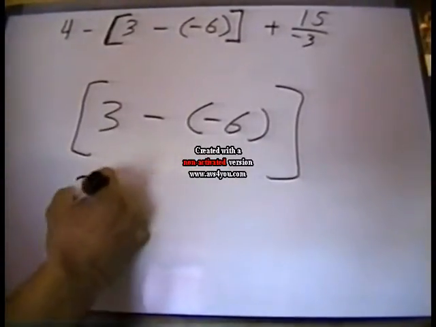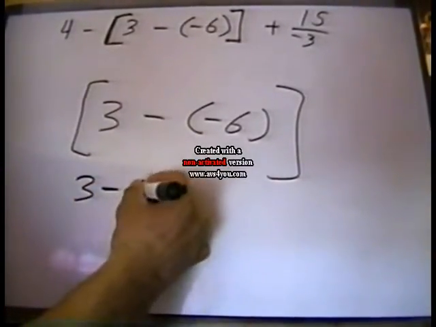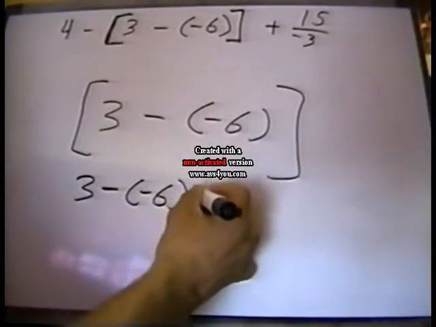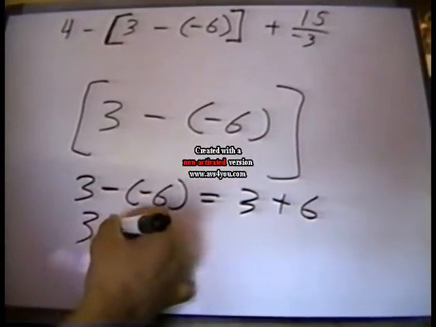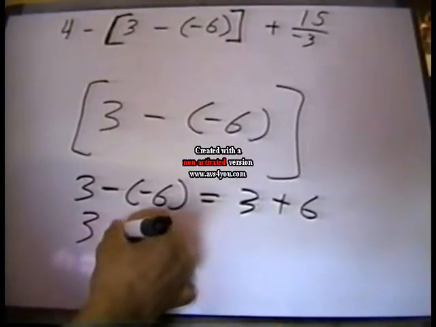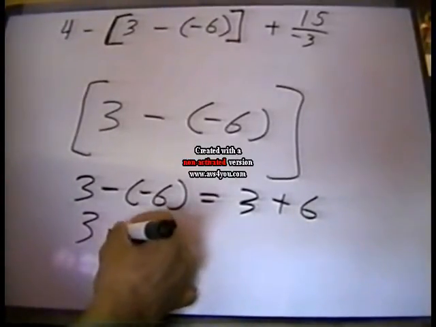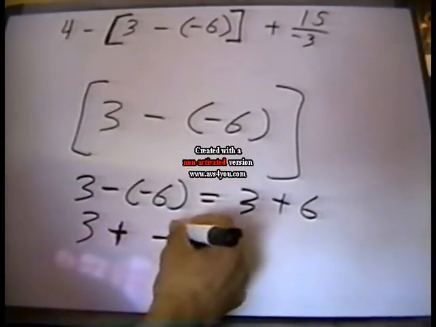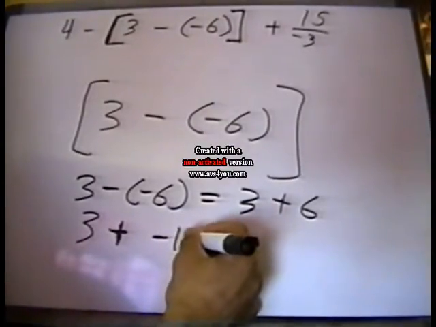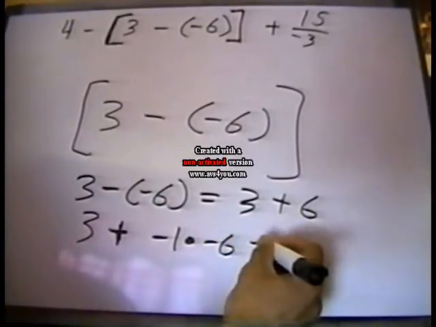Now, so basically, you can write it in 2 ways. It becomes 3 minus negative 6, which equals 3 plus 6, or you can realize that you get 3 plus a negative 1 multiplied by a negative 6.